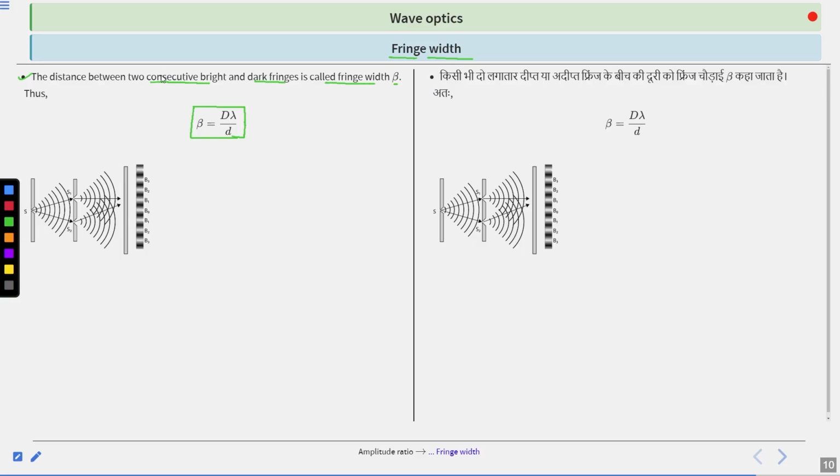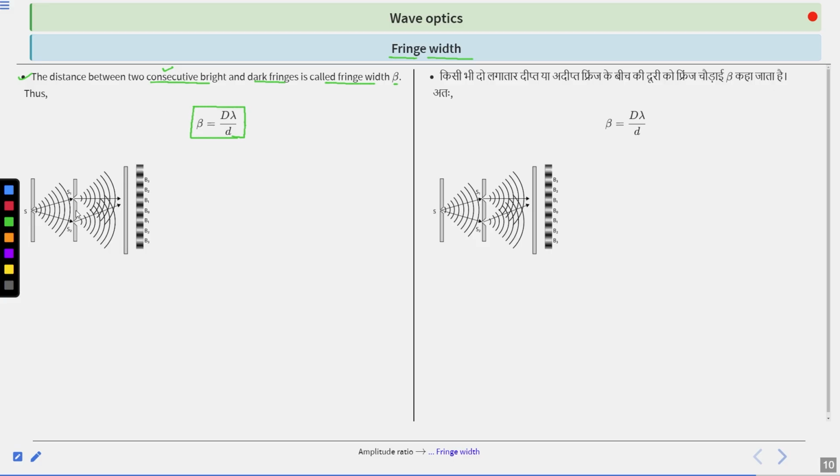Here there are two conditions: first for the constructive bright fringe, and second for the destructive dark fringe. When sources S1 and S2 generate maximum intensity and meet at a point on the screen, there is constructive interference.